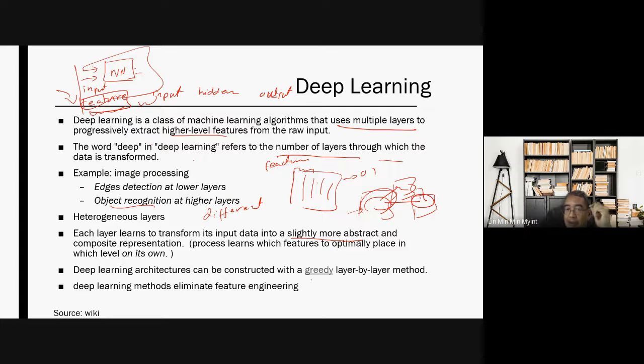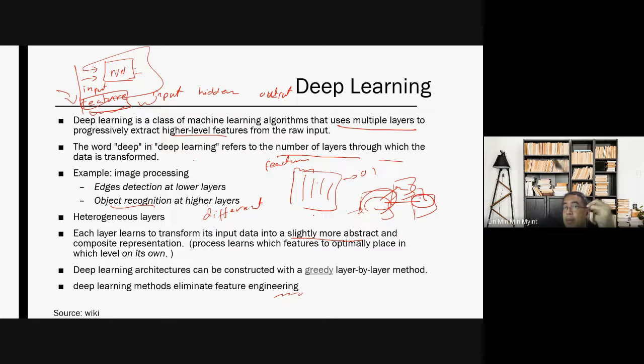Normally it starts with a layer-by-layer method, trying to put in as many layers as possible. Deep learning eliminates feature engineering. It means you don't need to do the pre-processing anymore.